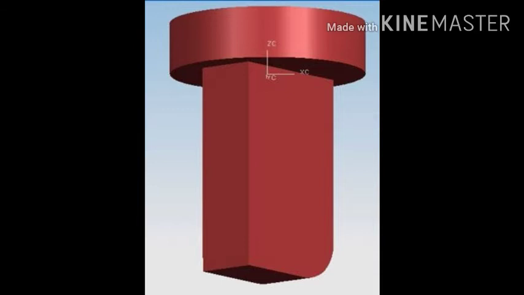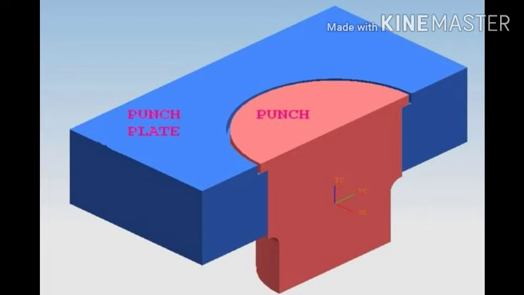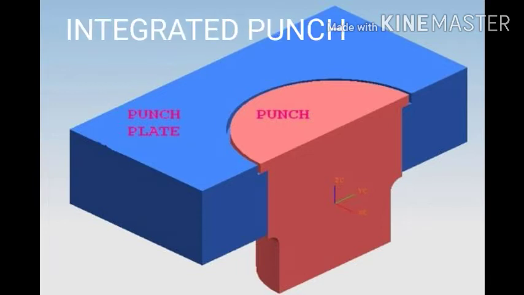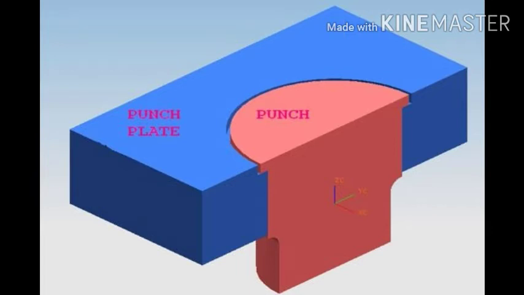According to the classification by mounting, we can see the integrated punch. Punches included in this group depend upon some other component, such as a punch plate, to locate the position. Punches in this group may require additional support or guidance.